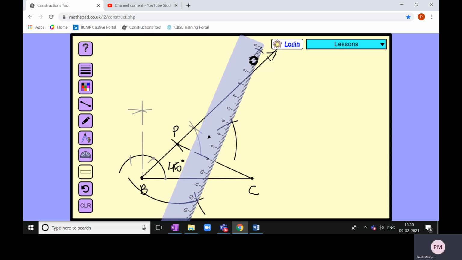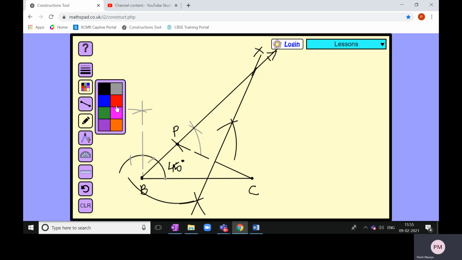So yes, I will use the ruler to join these 2 points to obtain the line LM. The point where LM intersects the arm PX will give me my point A. So this point, children, is my point A.